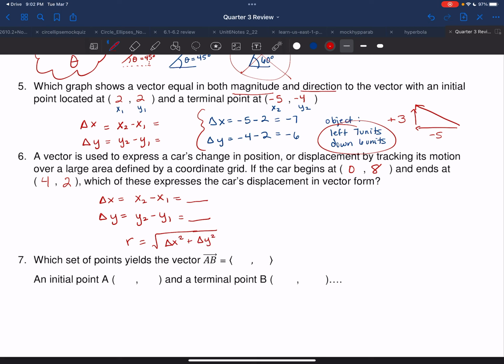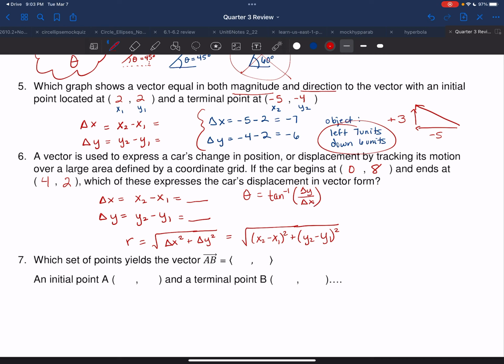I mean, technically you could write it this way: x2 minus x1 squared plus y2 minus y1 squared, which is just the distance formula. That's all it is, right? And then to find our angle, we know that that is going to be the inverse tangent of delta y, your change in y over your change in x.